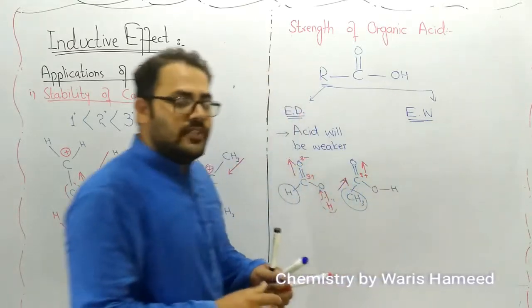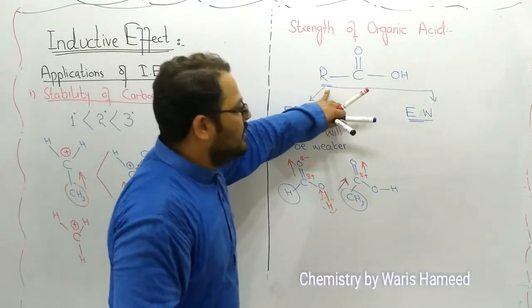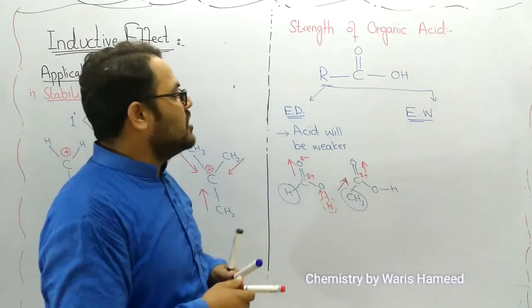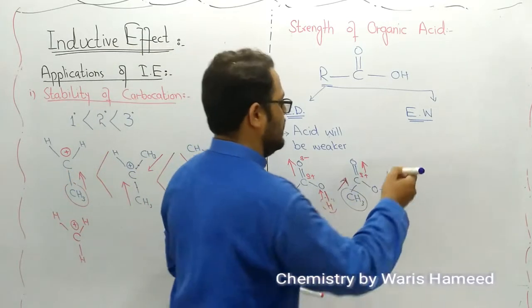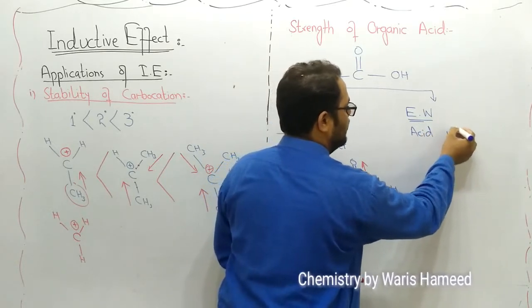In case of electron withdrawing group, if any group is attached having electron withdrawing nature, then the acid will be stronger.